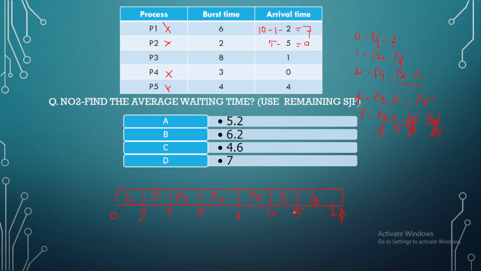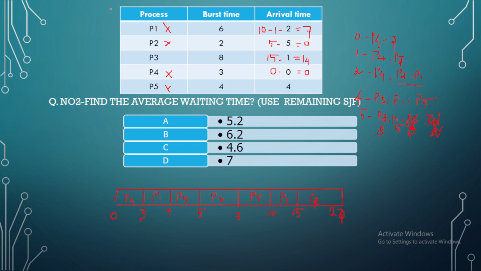P3 starts its execution at the 15th second. Before that P3 didn't run at all, so P3's waiting time is 15 minus 1, which is 14. Next, P4 starts its execution at the beginning, at 0 itself, so 0 minus arrival time 0 is 0.